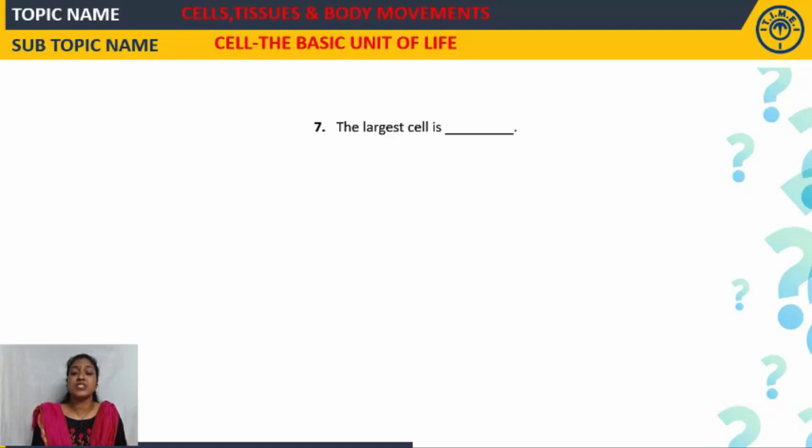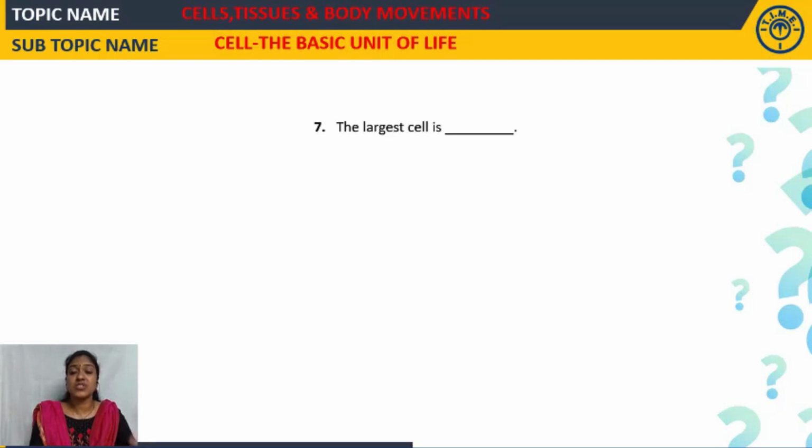So which is the largest? The smallest cell is mycoplasma. Which is the largest cell? The largest cell ever known, the largest of all eggs, is the ostrich egg. The egg of an ostrich is the largest cell ever known. And what is the size?